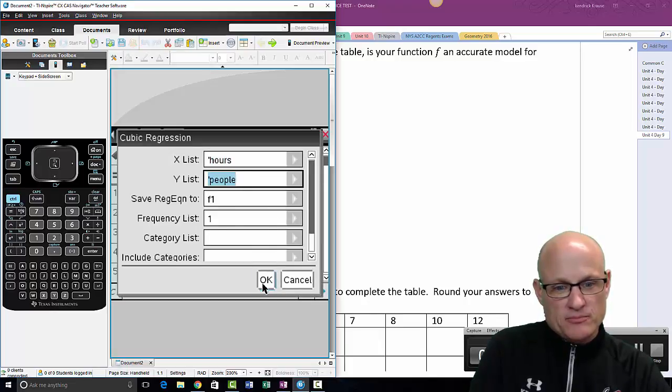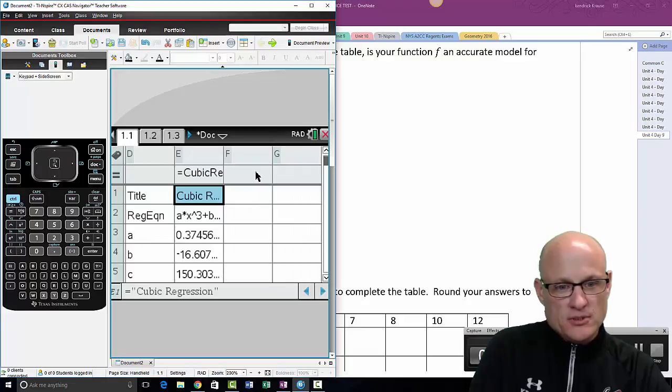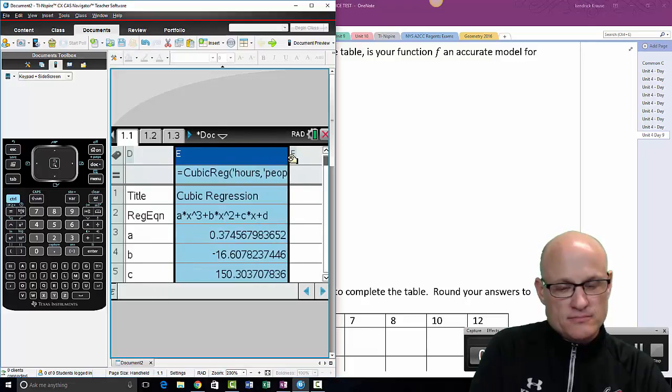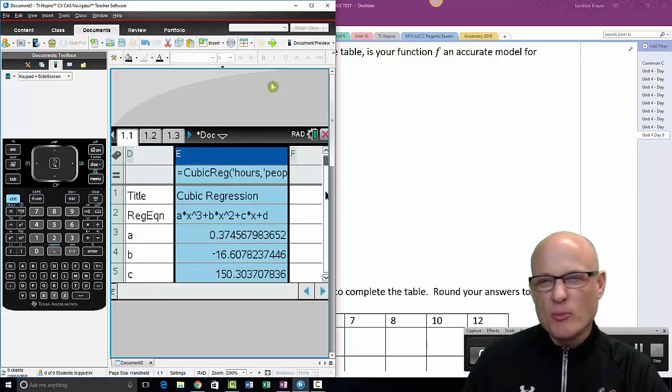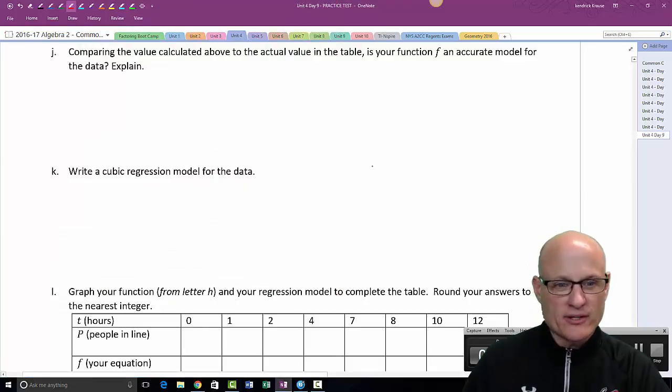Hours and people. So, let's see if a cubic would be a better model of this thing.